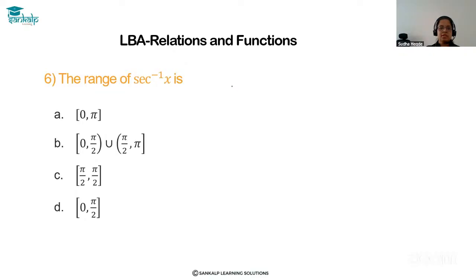Hi students, the question is the range of secant inverse x.